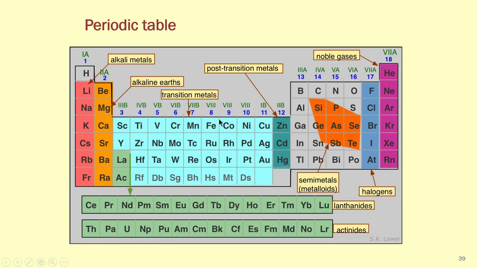So, our periodic table. That brings us to the periodic table, and what I am showing you is one of the current understandings, just like the understanding of electrons and atomic structure has undergone changes over the last 200 years.